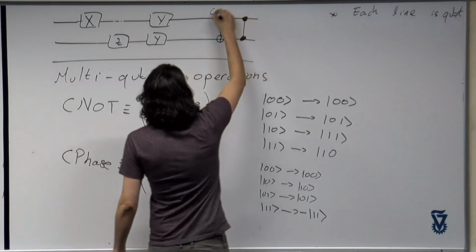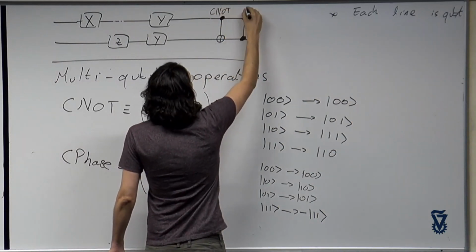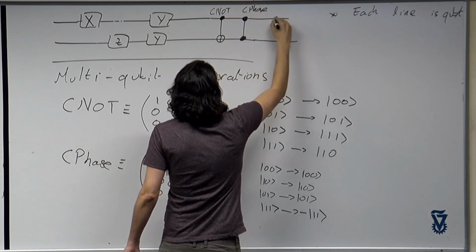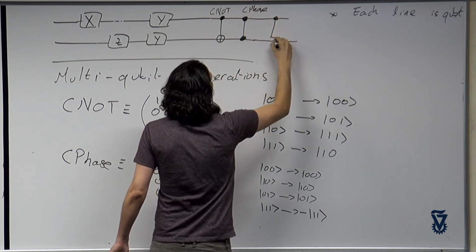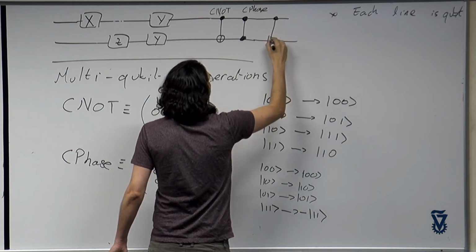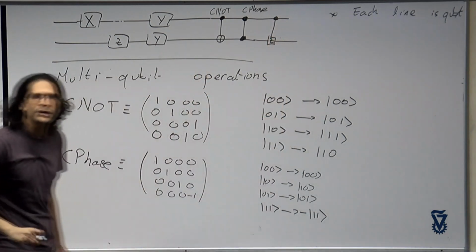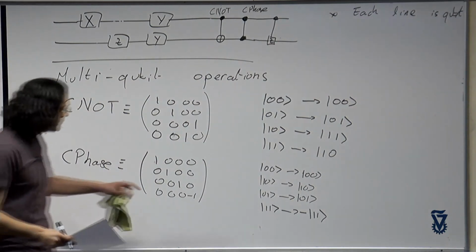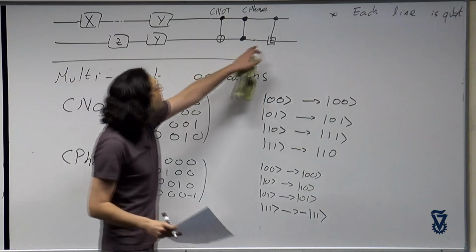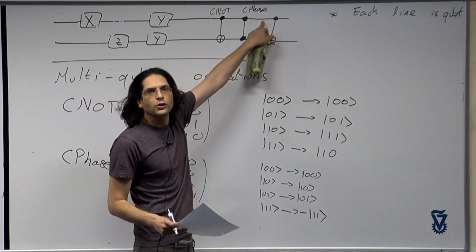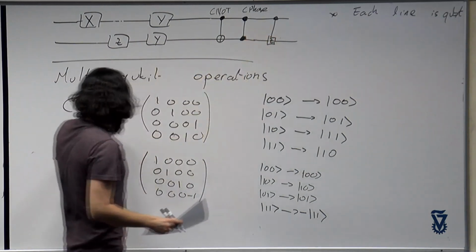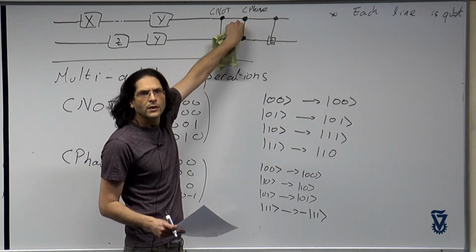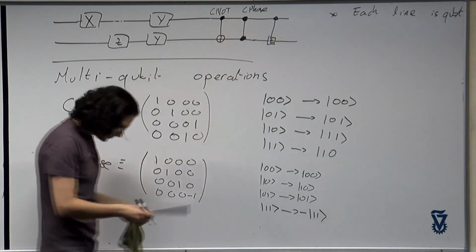So this is a CNOT. This is a C phase. Sometimes the C phase is also written like that, as a control Z. Sometimes it's called a control Z, sometimes a control phase. What it does is it flips the phase of qubit 2 conditioned on qubit 1. Note that as opposed to the CNOT, the direction doesn't matter.